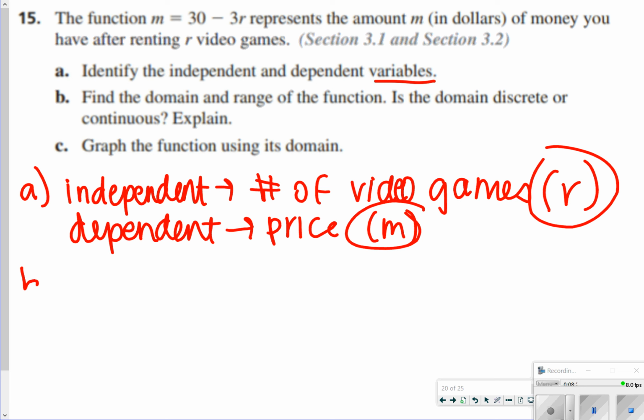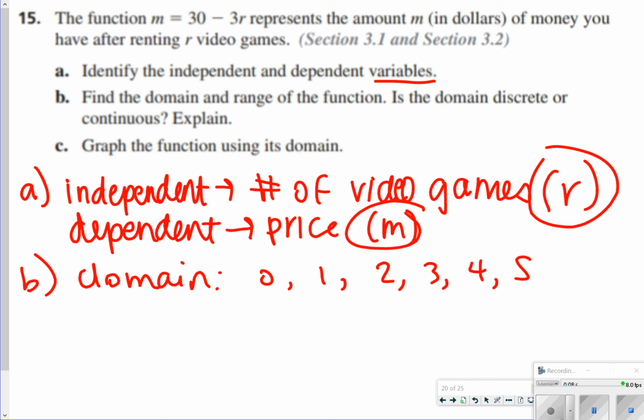For letter B, the domain and range. For the domain, you could say the domain could be 0, 1, 2, 3, 4, 5, because you get anywhere from 0 all the way up to $5 or 5 video games. And then the range, I'm just going to kind of plug in 0 through 5. You would get 0, obviously, for that first one.